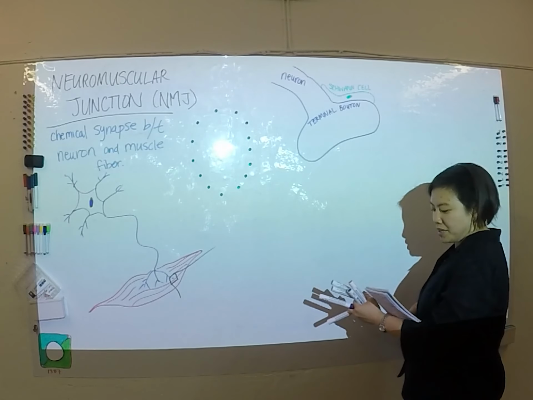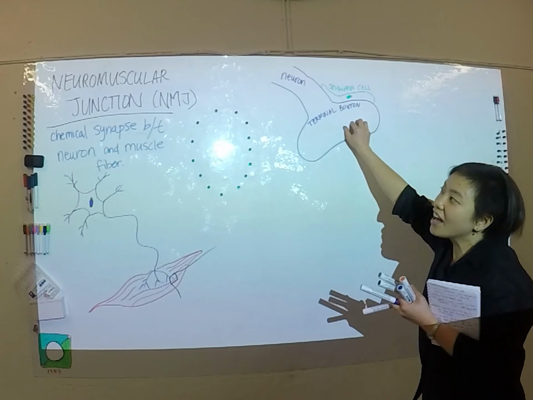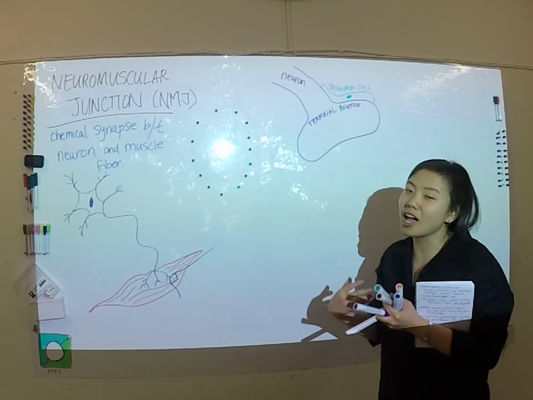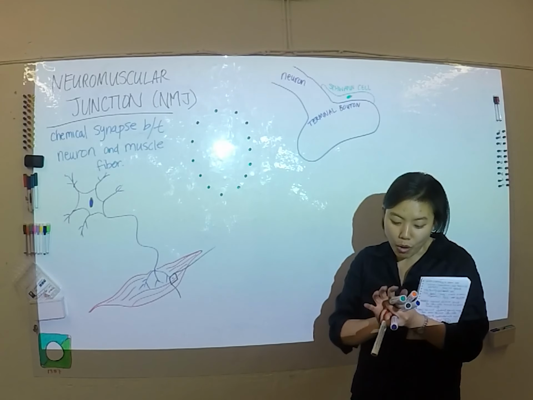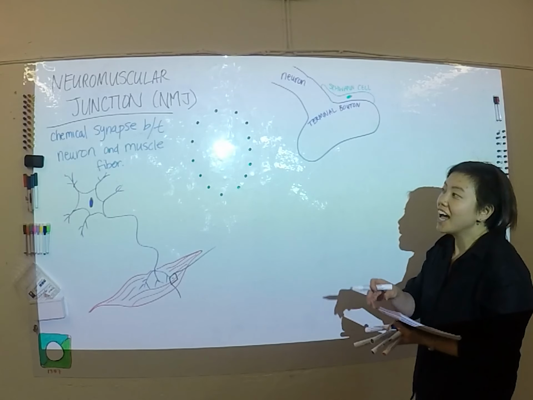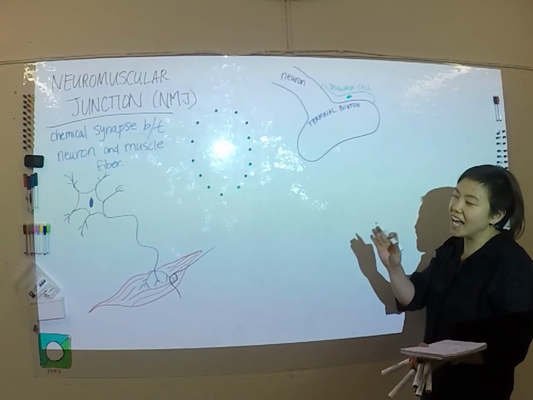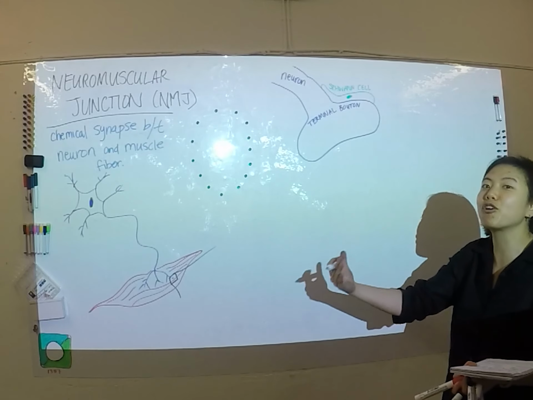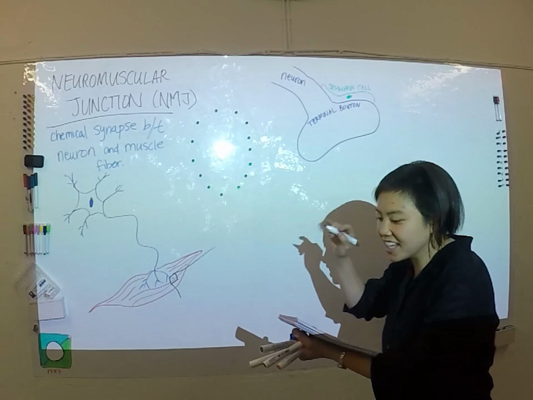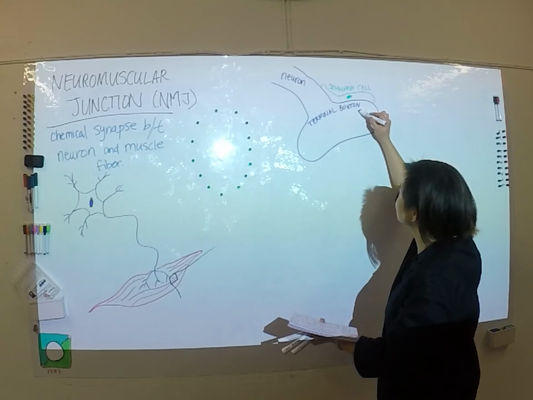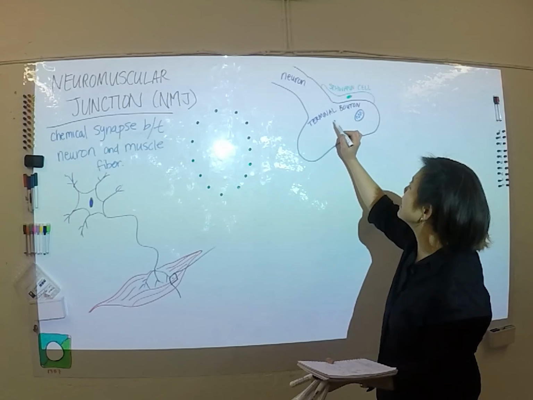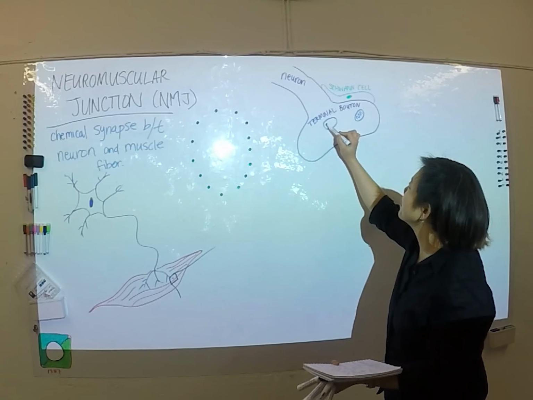And because at the neuromuscular junction there's a lot of movement, we're moving all the time, we're activating our muscles a lot, so it requires a lot of energy. So usually the terminal bouton has a type of organelle in it. Normally all the organelles are in the soma, but in this case, in the terminal bouton, we also have mitochondria, which you may have heard of.